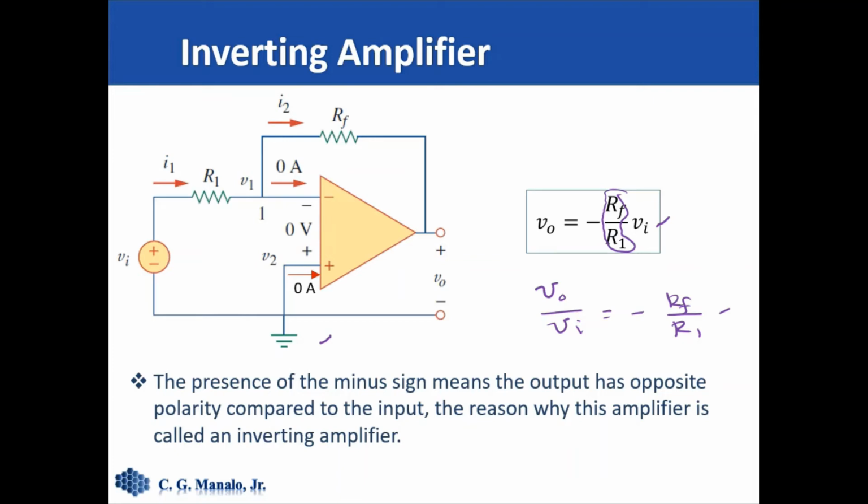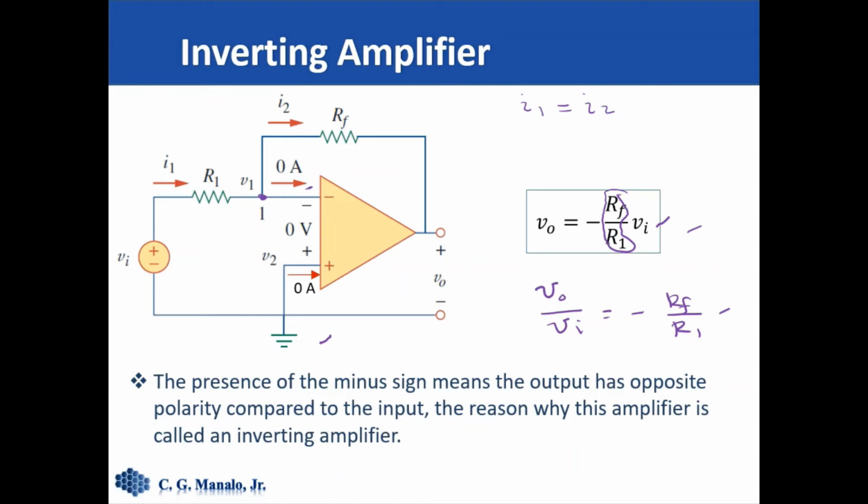So how was this derived? Well, what we can do is write KCL here. Current entering is I sub 1. That must be equal to current leaving, which is I sub 2 plus 0, because this one is a 0.